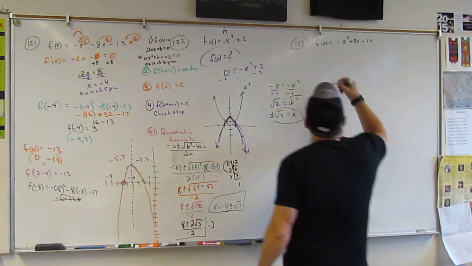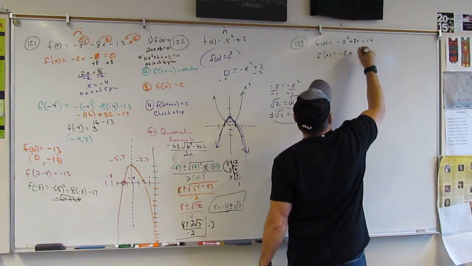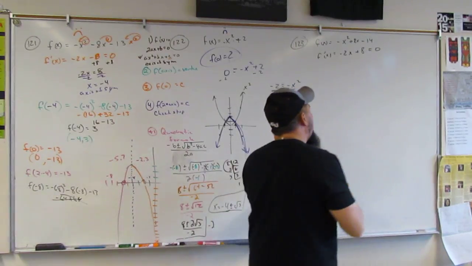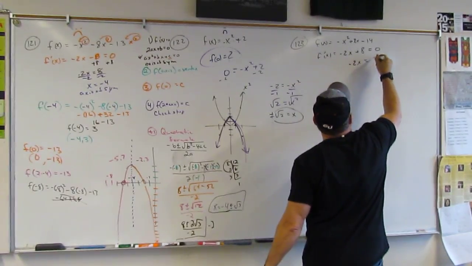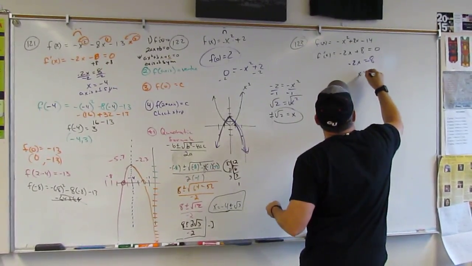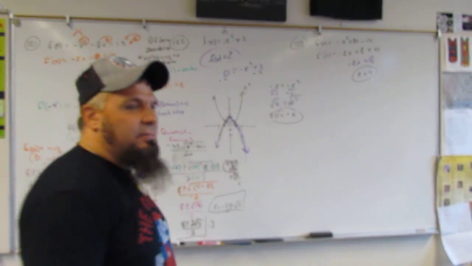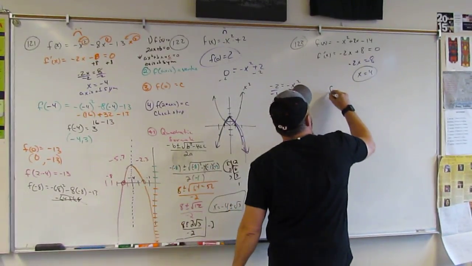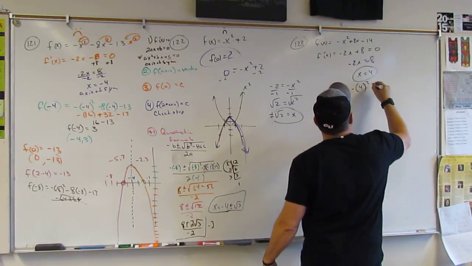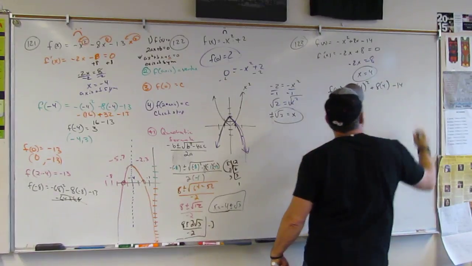All right. f prime of x is equal to negative 2x plus 8 equals 0. That means negative 2x equals negative 8. That means x equals 4. Sounds familiar. Plugging it in, f of 4 is equal to negative 4 squared plus 8 times 4 minus 14.